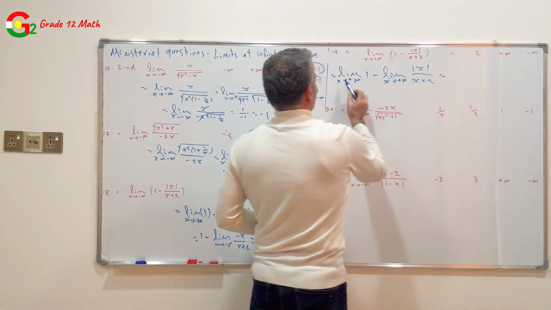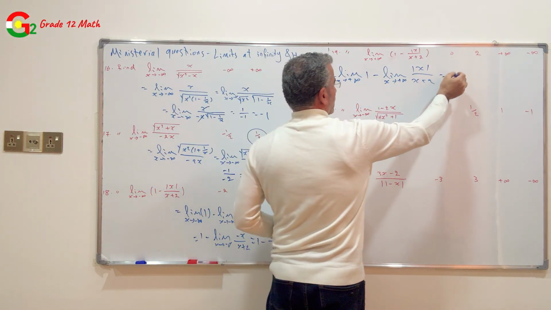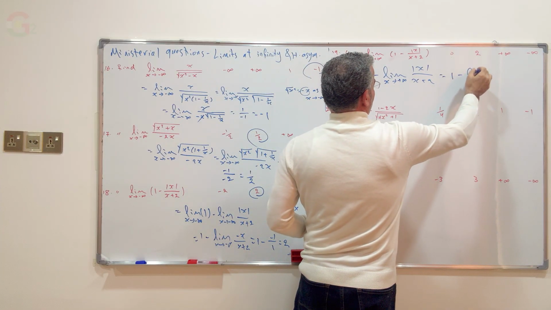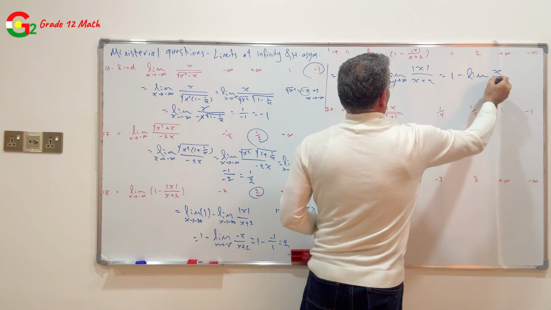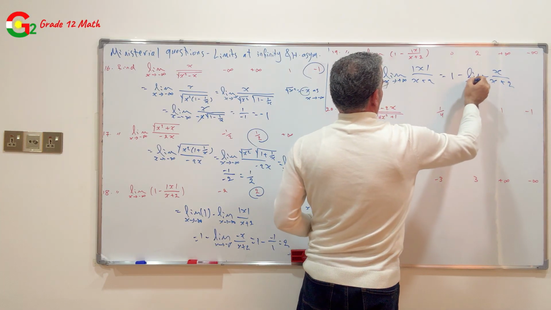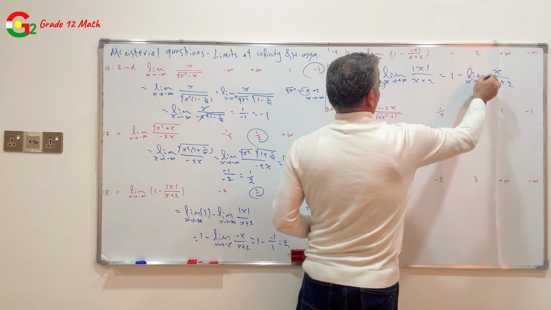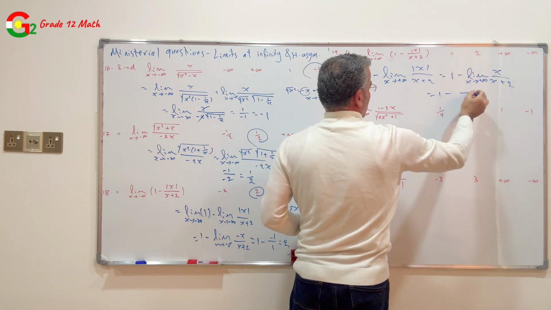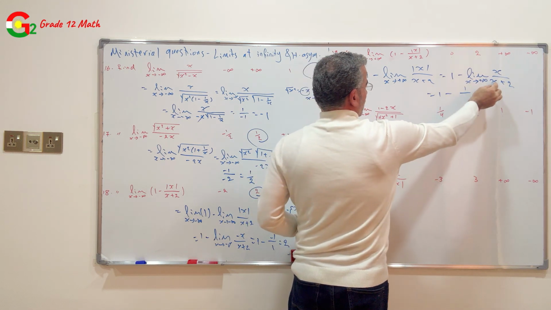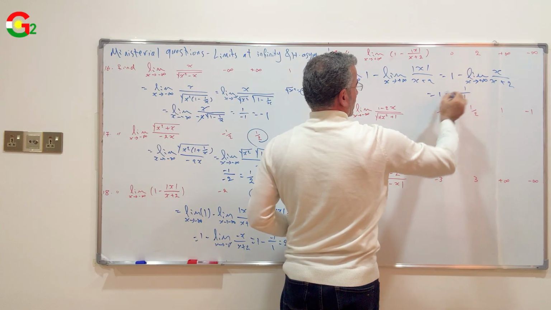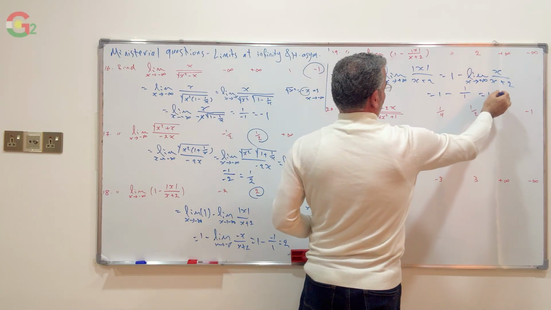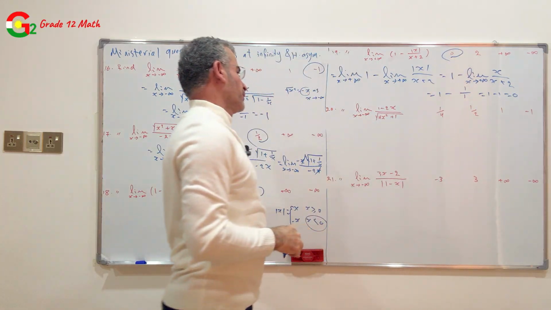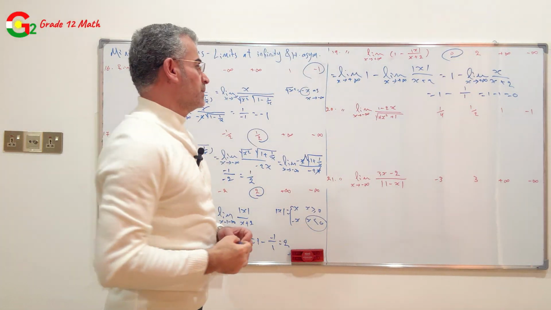Therefore, the limit of any constant number is the same constant, minus the limit of x over x plus 2 as x approaches positive infinity, which equals 1 minus the coefficient of the leading term in the numerator, 1, over the coefficient of the leading term in the denominator, 1. 1 minus 1 equals 0. Choice A. Question number 20.